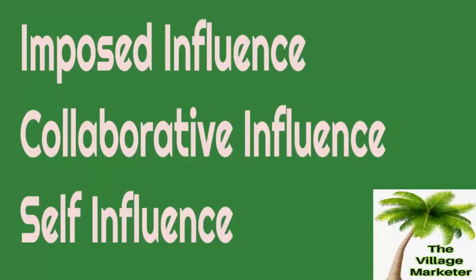There's imposed influence, collaborative influence, and self-influence. Imposed influence is where it's traditional sales, where you qualify your leads and you educate and you try to sell them, right? You're imposing your influence on them.